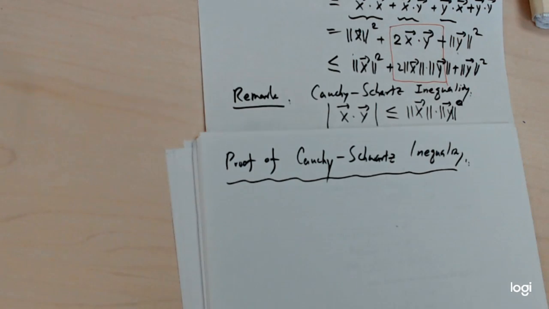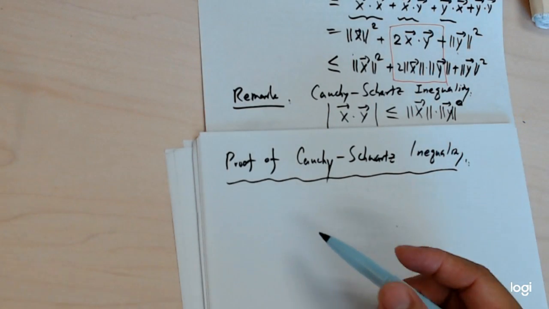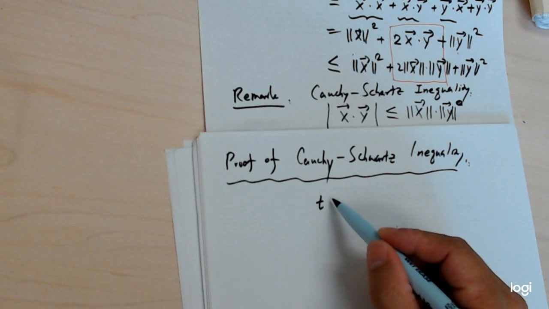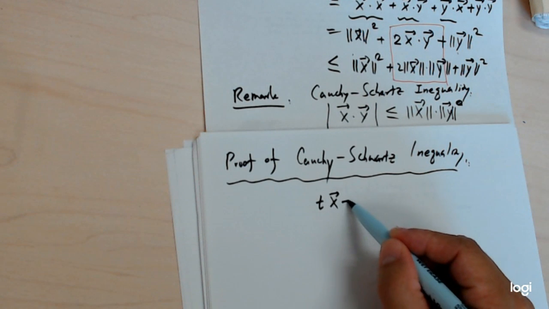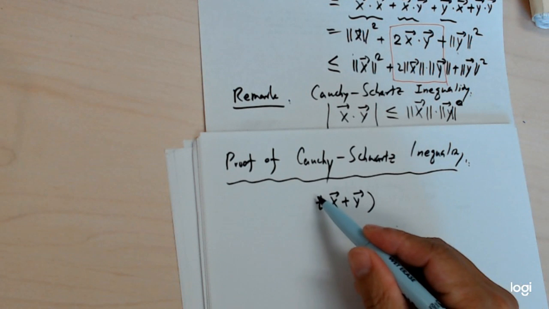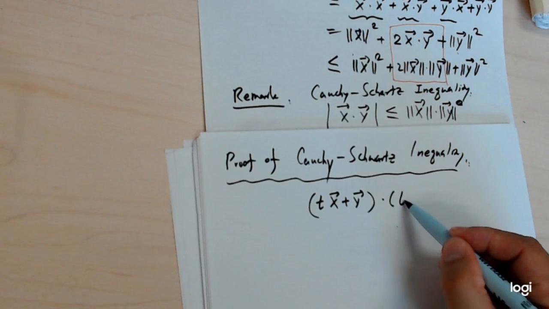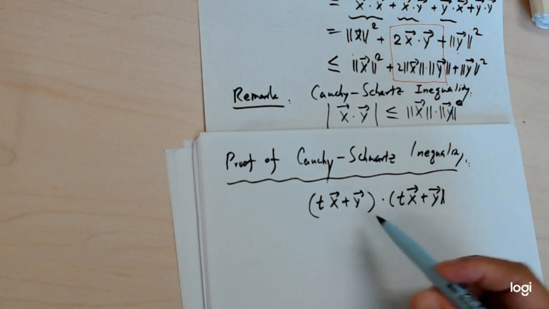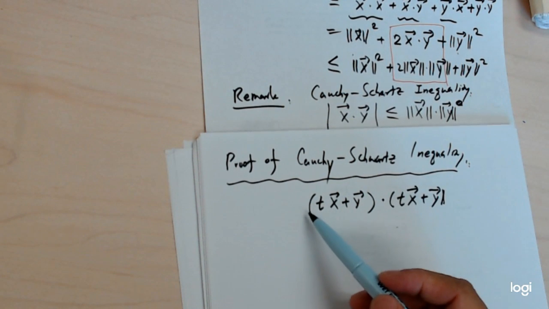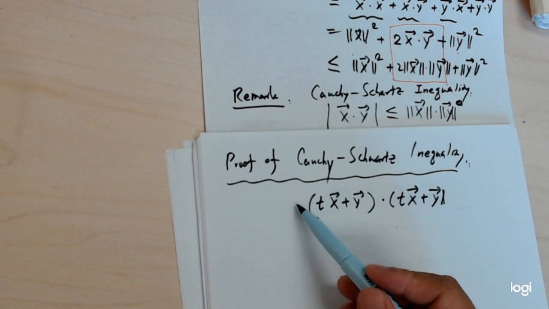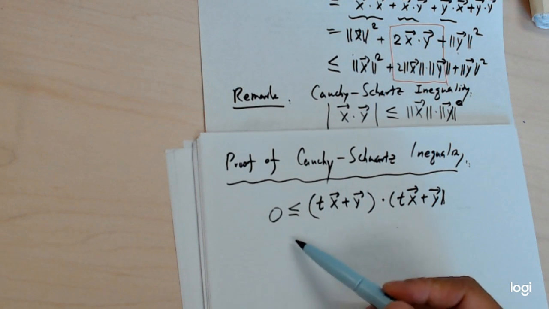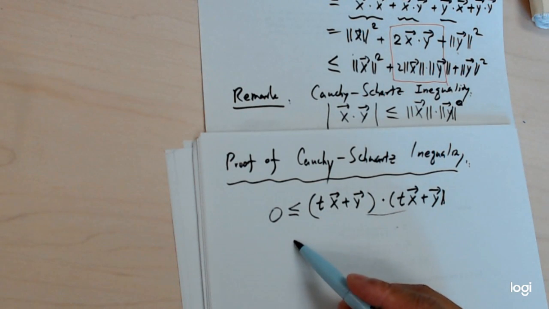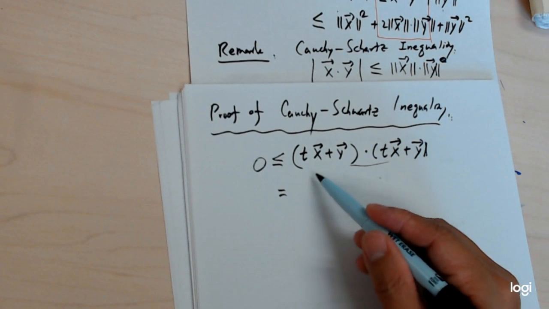To prove this inequality, let's consider the following trivial statement. I put a variable t times x, and then plus y. I do the dot product of this with itself. Obviously this is always greater or equal to 0, because it is the norm squared, remember? Now I use the properties of the dot product to FOIL this out.